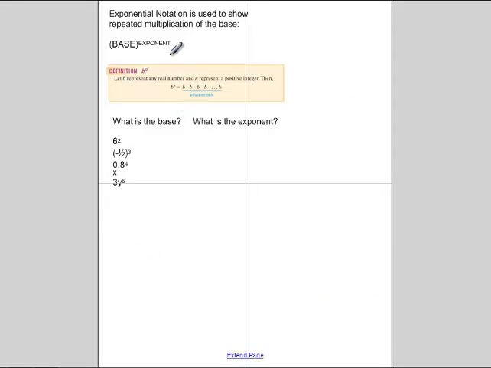So let's take a look at applying that. Again, I'm just going to reiterate what I said before. Here's our base, here's our exponent. We're going to talk about the base to an exponent. So what does that mean? If we've got b to the nth power, I'm going to rewrite it here because it's a little bit small. b to the nth power basically means that we're taking b, our base, and we're multiplying it by itself n times.